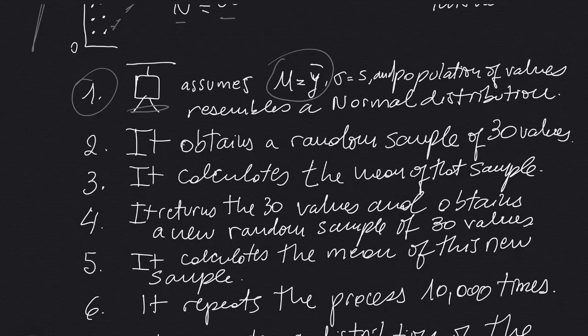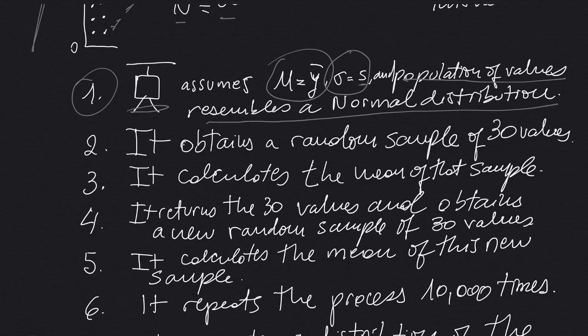What about sigma, our estimation of the standard deviation of the population of values? It is also the standard deviation of our sample. Now the probability daemon also assumes that the population of values resembles a normal distribution, with mean mu and standard deviation sigma.